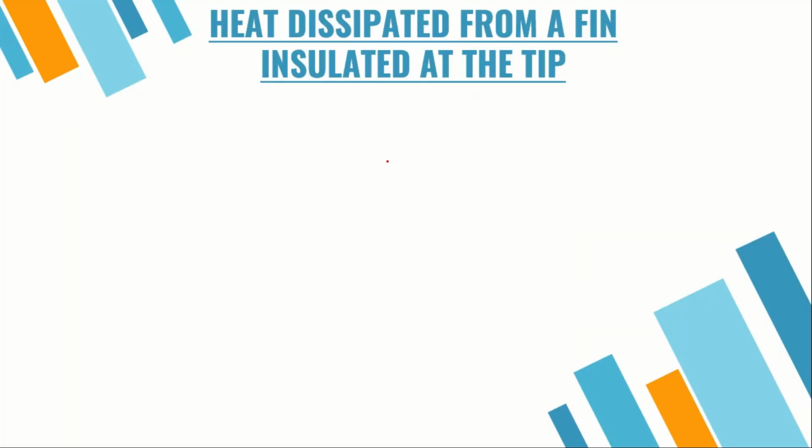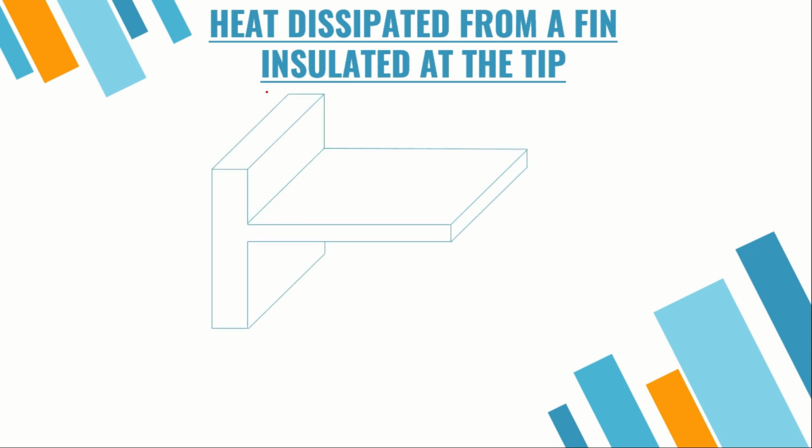So now coming back to our topic, that is heat dissipated from a fin insulated at the tip. This is a general diagram. It represents the wall of the fin, this area, and T naught here represents the temperature of the wall.